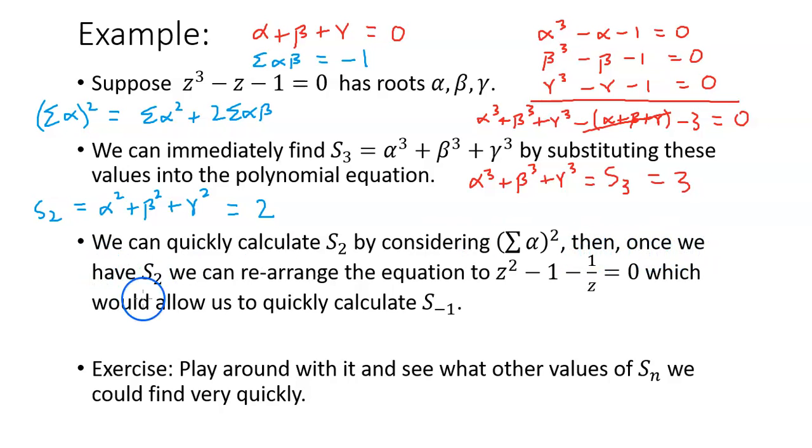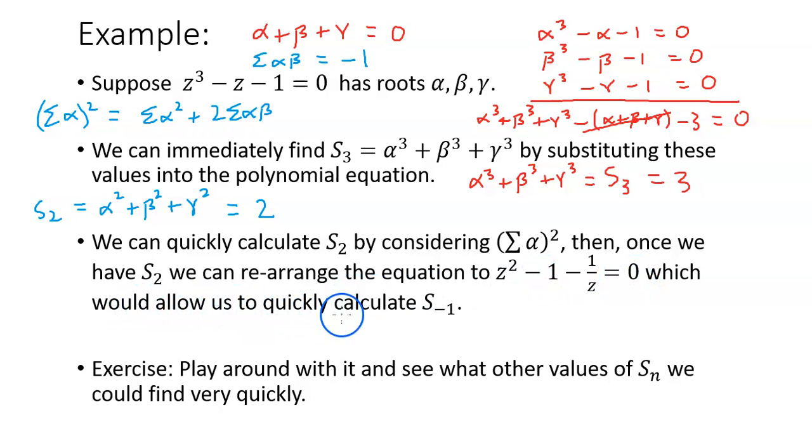Okay, and once we have S2, we can also rearrange the equation, just divide this thing by z. We get z squared minus 1 over z is equal to 0.